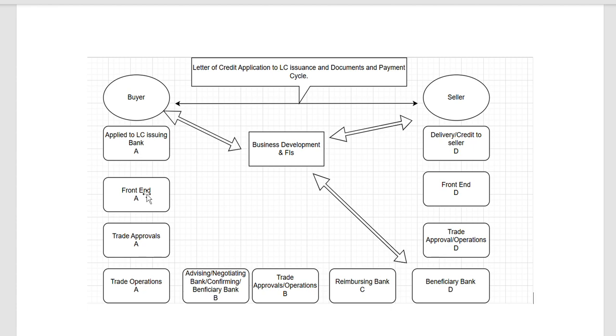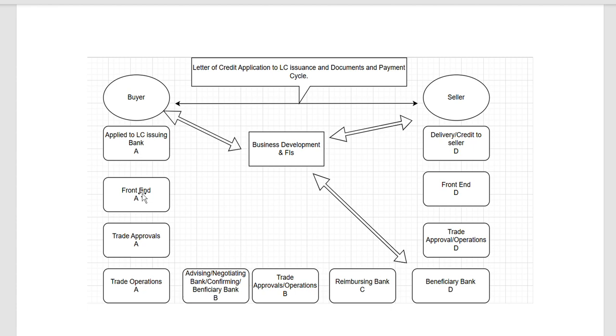Of course, they should have some knowledge of uniform customs and practices, ISBP, so that whatever has been stated in the LC terms and conditions meets the requirement, and the original LC can be issued to the beneficiary bank for onward forwarding to the beneficiary.